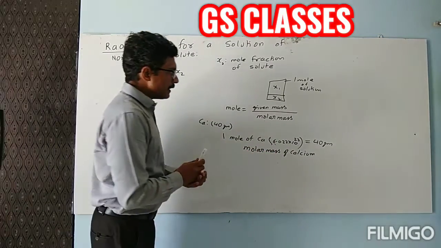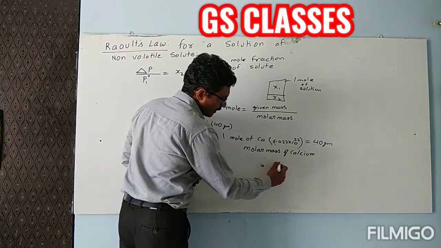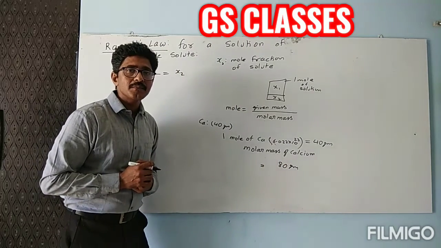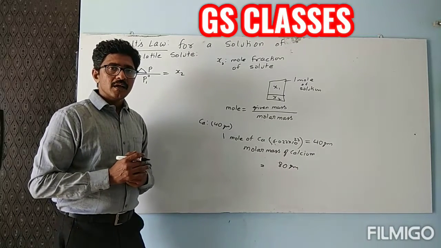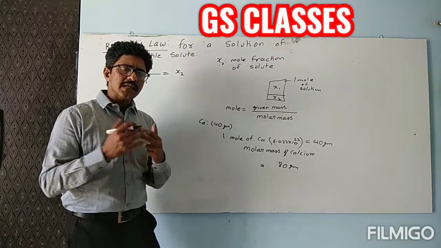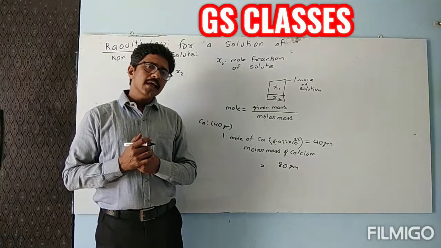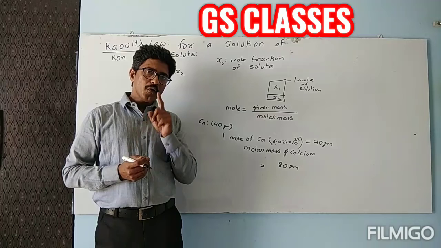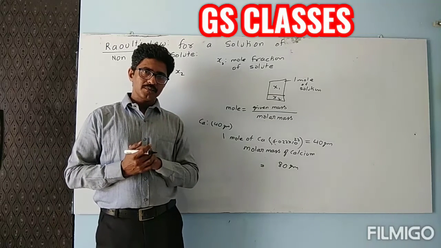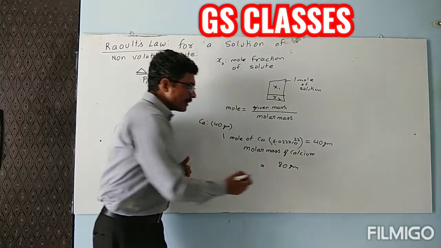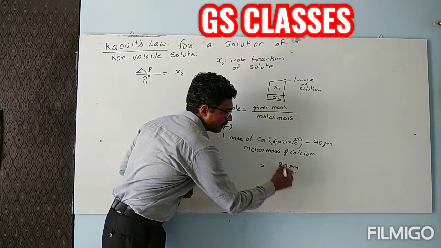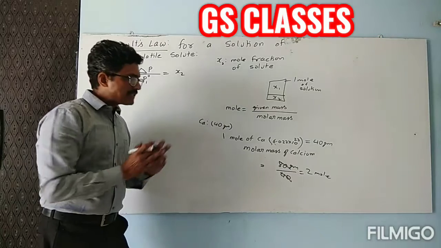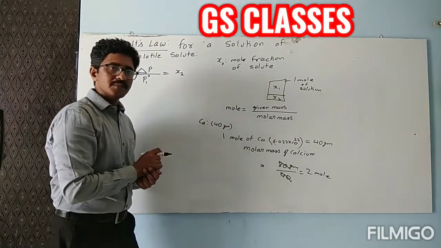Now children, if someone is giving you 80 gram of calcium, and suppose he is asking you, tell me how many moles are present. 40 gram means 1 mole. So 80 gram you will divide by 40 and you will say that this is 2 mole. Exactly the same thing I have written.